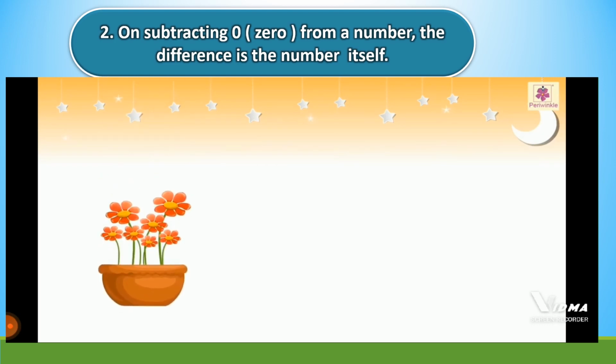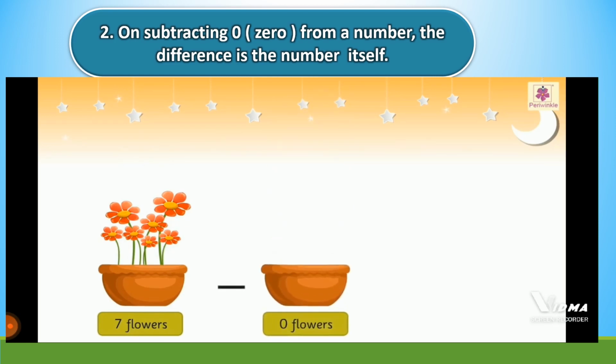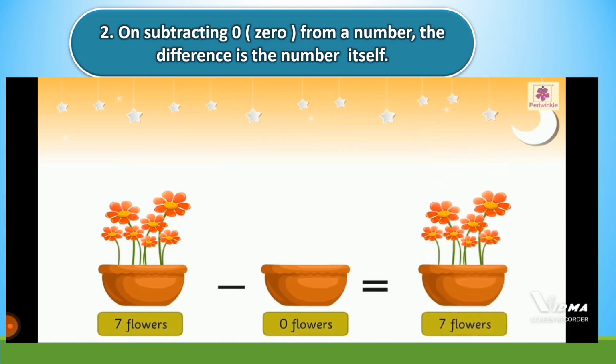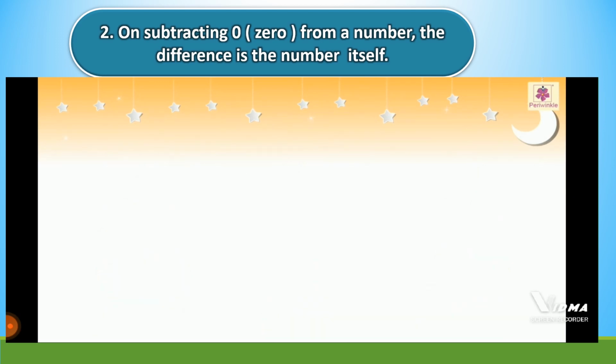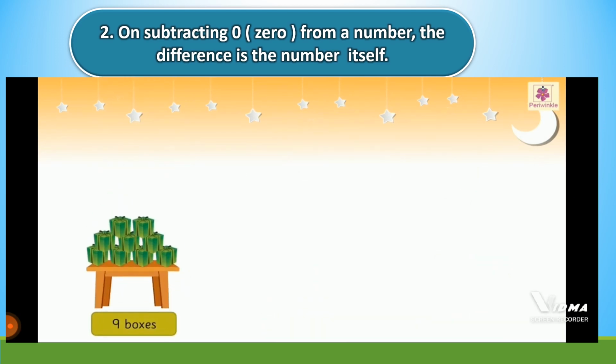Here we have a bunch of flowers. There are 7 flowers. Let's take away 0 flowers. So what remains? The answer is 7 flowers. 7 minus 0 equals 7. 9 boxes on a table. Let's take away 0 boxes.